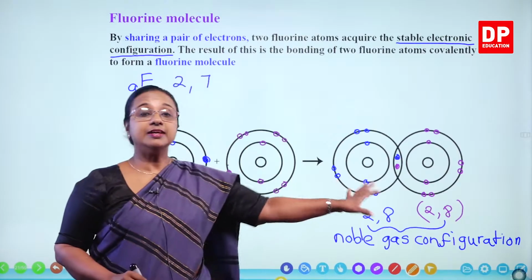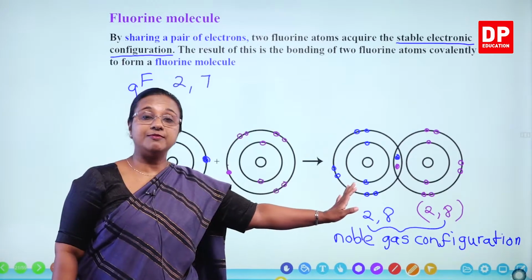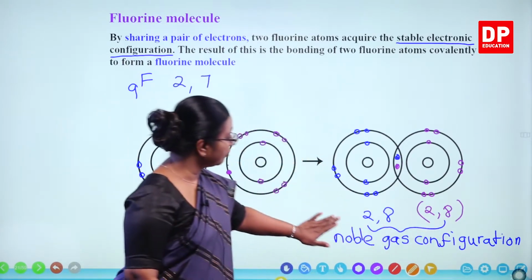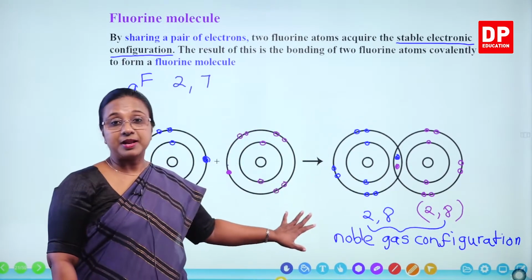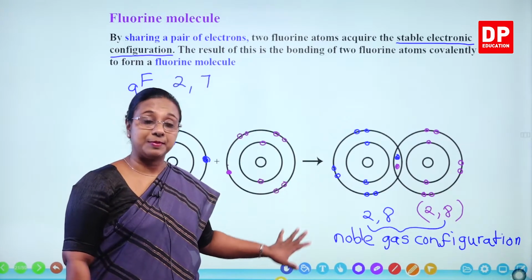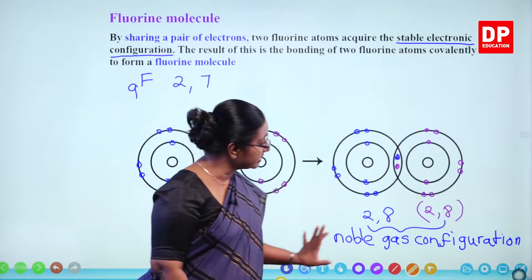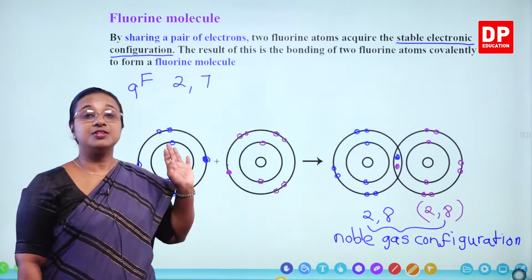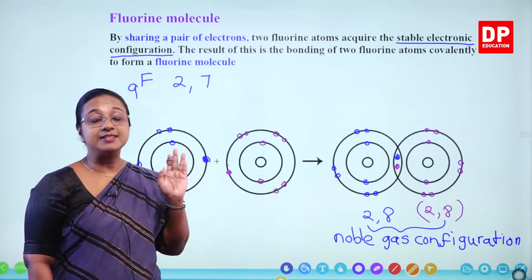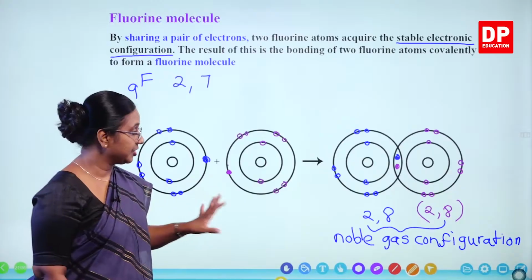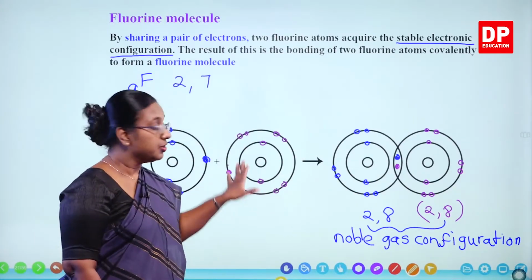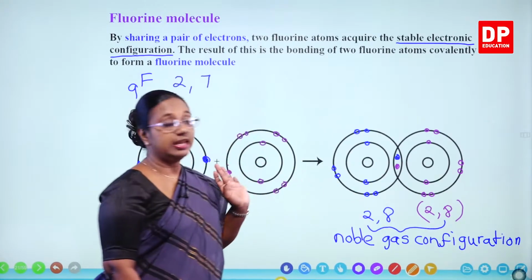Students, when you write the bond formation between fluorine atoms, you don't have to write all these. Here, I am writing it to explain what happens there, so that you can understand by sharing electrons, they achieve the noble gas stable electronic configuration. Is it clear to you all now? So, this is the fluorine molecule.